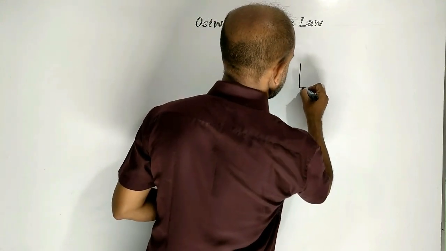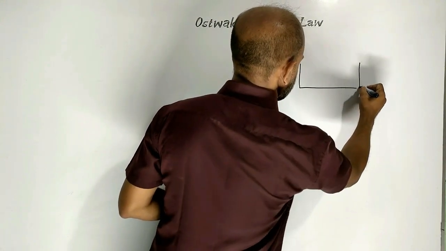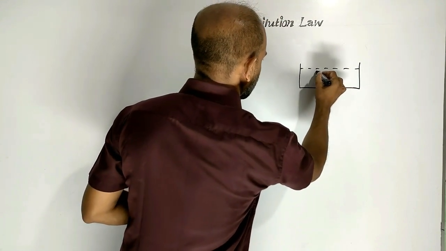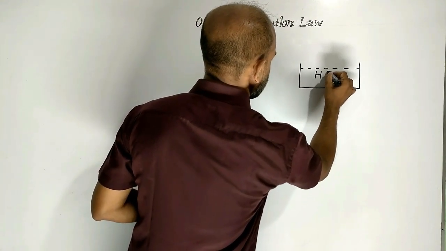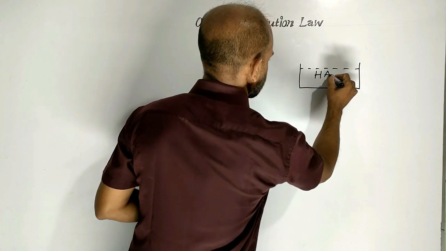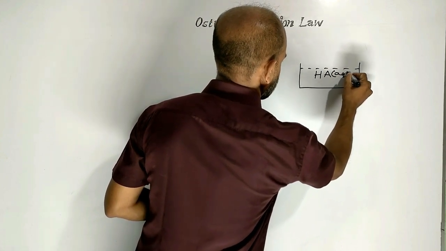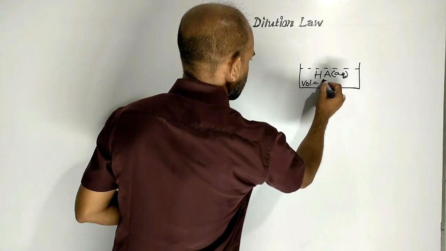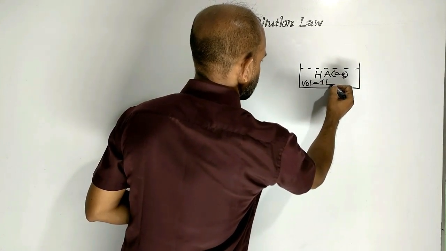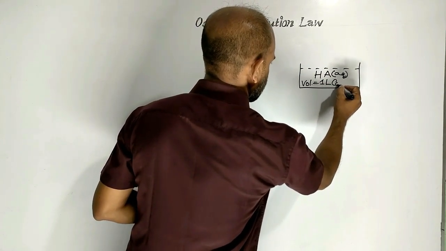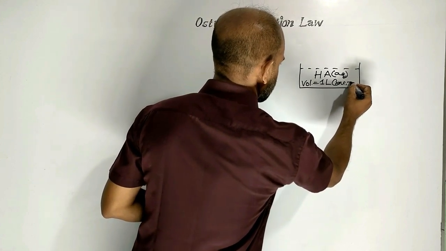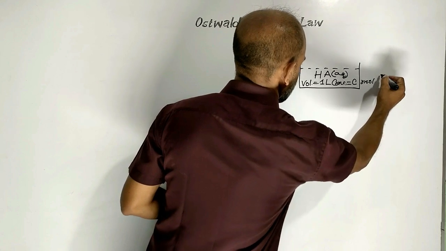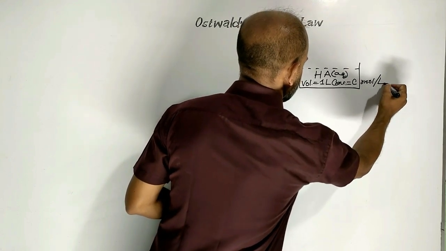Now, Ostwald's dilution law. Suppose here, let us suppose a solution of weak acid HA. Its volume is 1 liter and concentration is suppose C mole per liter.